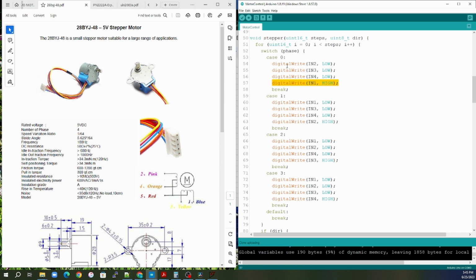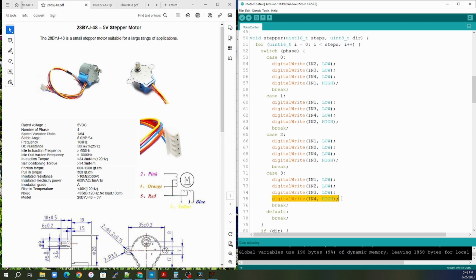As I'm going around, it goes in the order and direction of the phases, 1, 2, 3, and 4, in a circle. I turn them off, but you can see that in each case, I'm turning on high the next one in line. So case 0, I'm turning on IN1. Case 1, I'm turning on IN2. Case 2, I'm turning on IN3.